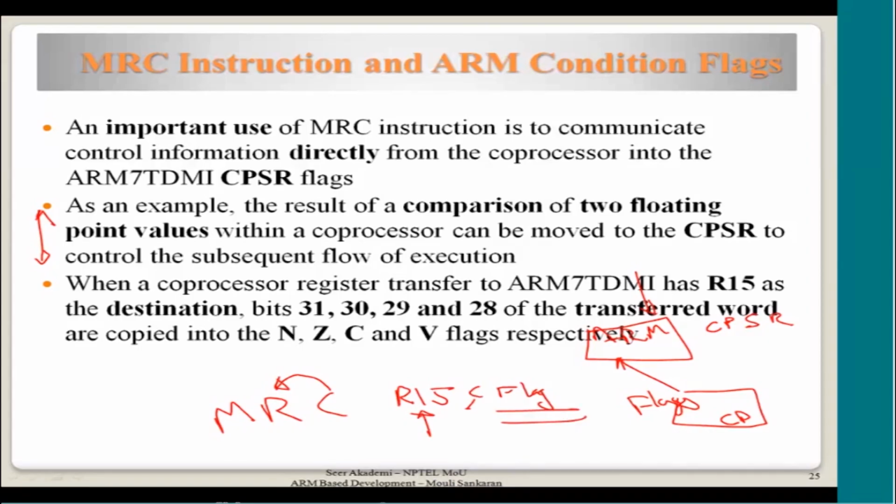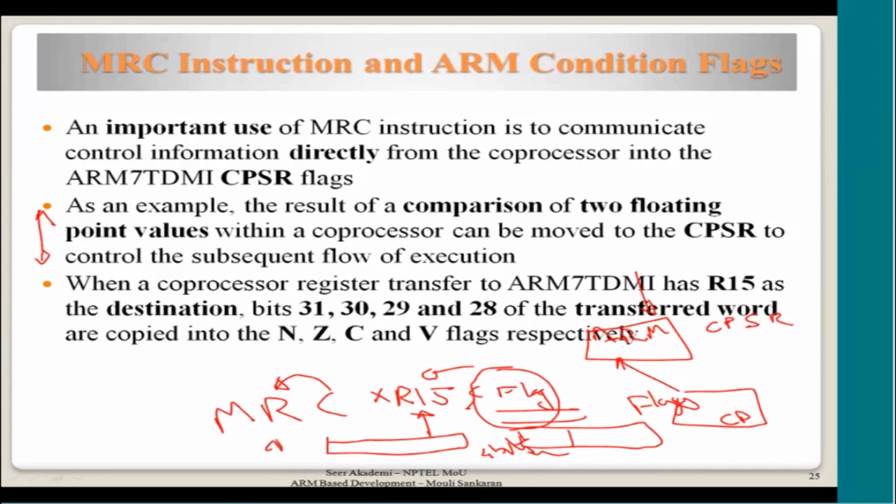Now what happens is, when the flags are moved here, whatever is the value in the lower 4 bits of what you transfer is actually not written into R15, it is written into the CPSR.